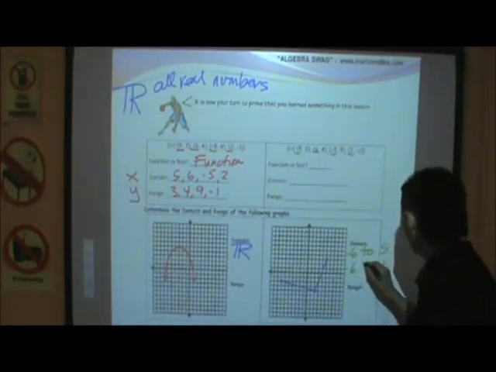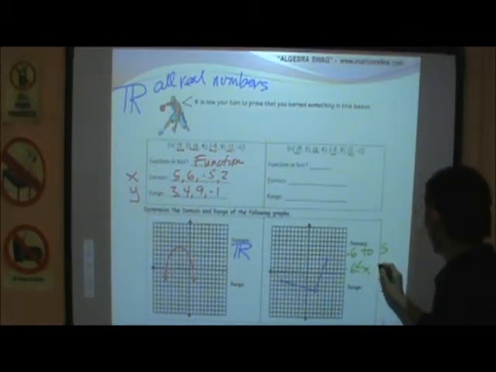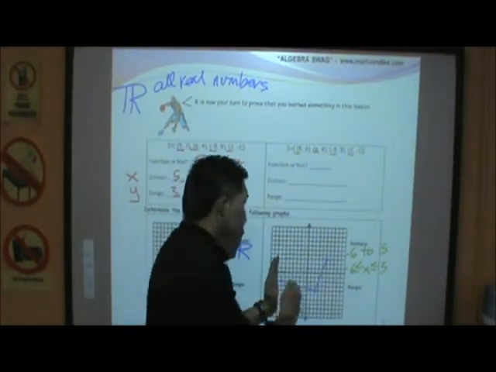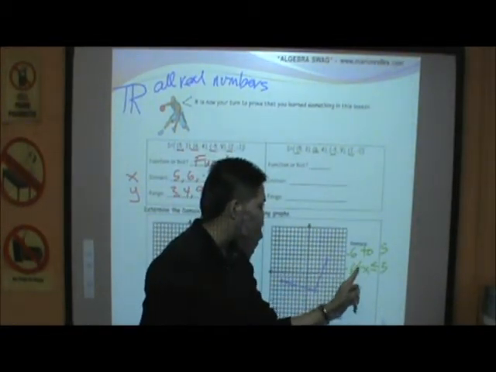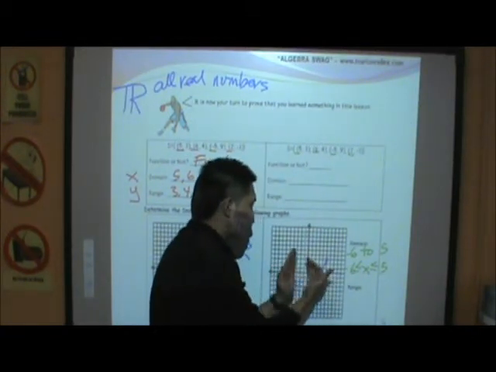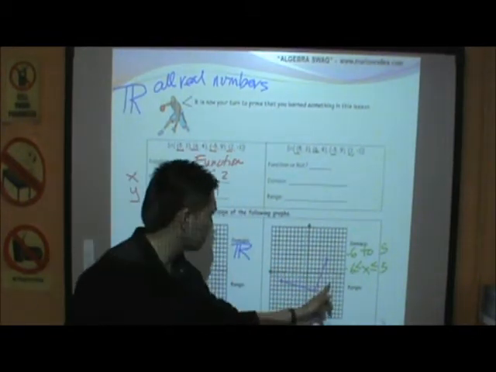So x is greater than or equal to -6, but less than or equal to 5. So again, it starts from -6 to 5. So x is greater than or equal to -6, but less than or equal to 5 because of that.